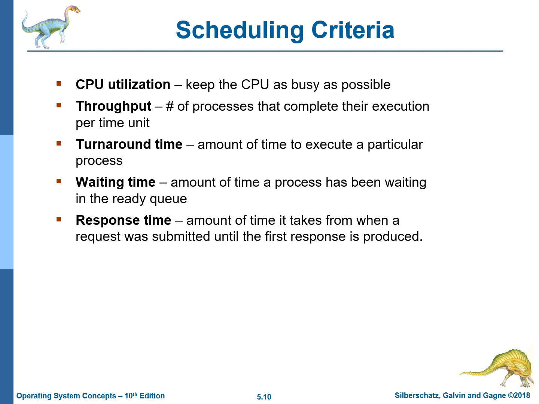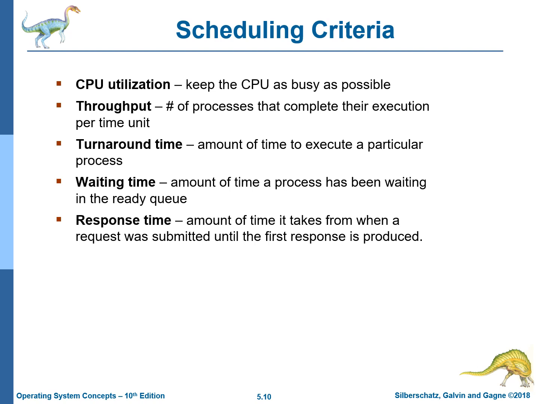Here are the scheduling criteria. CPU utilization keeps the CPU as busy as possible. Throughput is the number of processes that complete their execution per time unit. Turnaround time is the amount of time to execute a particular process. Waiting time is the amount of time a process has been waiting in the ready queue.